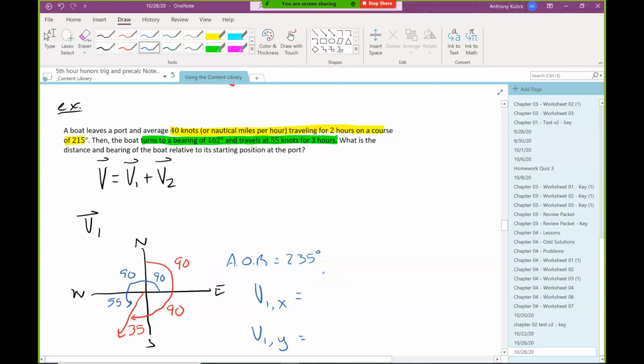What is the magnitude for vector v1? So it's 80 miles. That's 40 knots for 2 hours. That's our magnitude, and our direction was this 215 degrees, which is 235 as an angle of rotation. So here we're going to have 80 times cosine 235 and 80 sine 235.